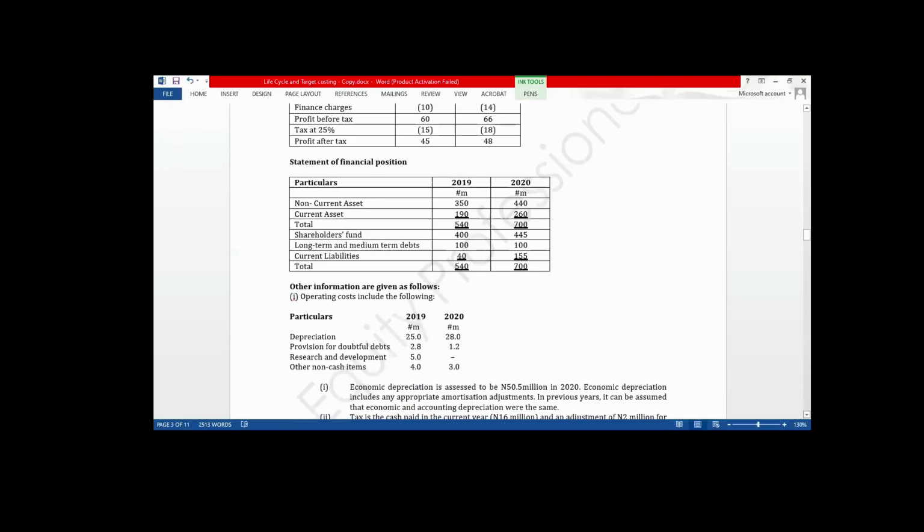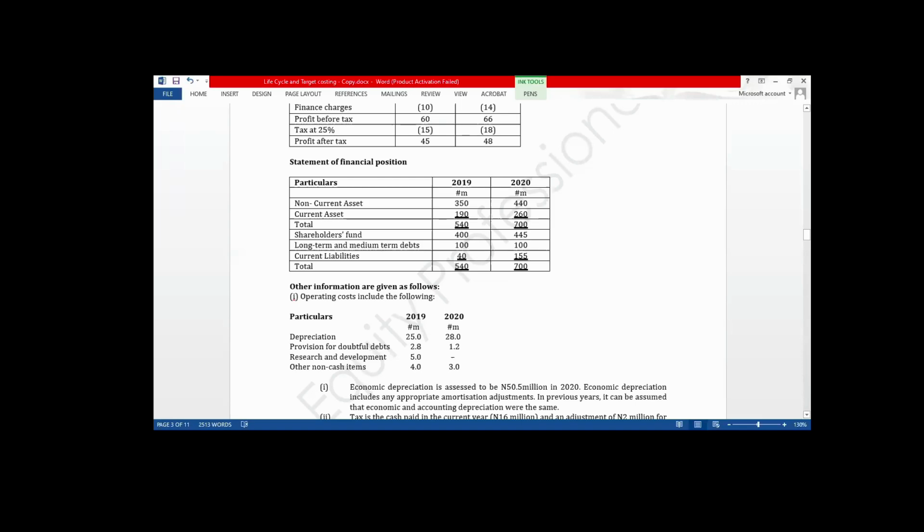Note 1: Operating costs include the following. For 2019 and 2020, you have depreciation, doubtful debt, research and development, and other non-cash items.